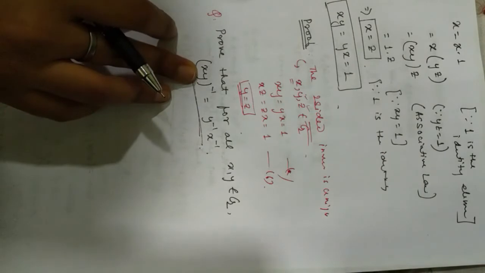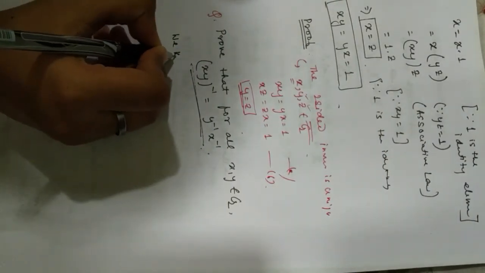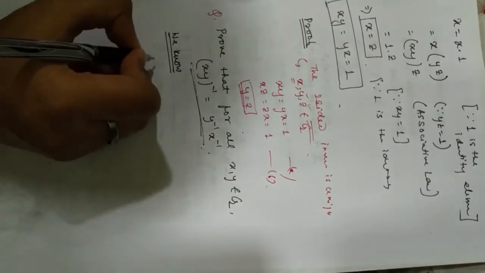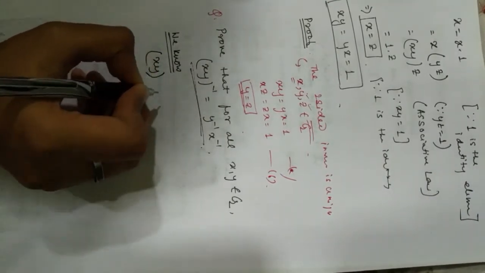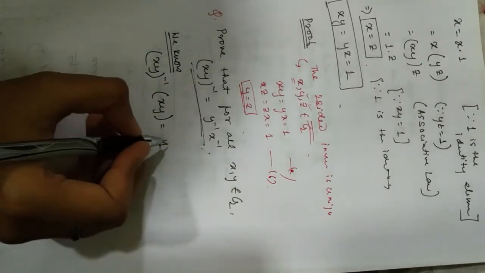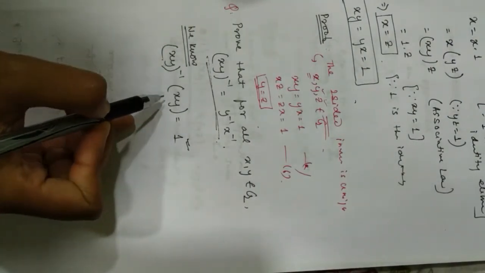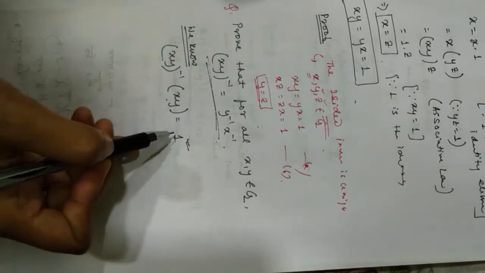Now we know (xy) inverse times xy is equal to 1, right? Where 1 is the identity, we are considering 1 is the identity element, and we know inverse times the element gives me 1.